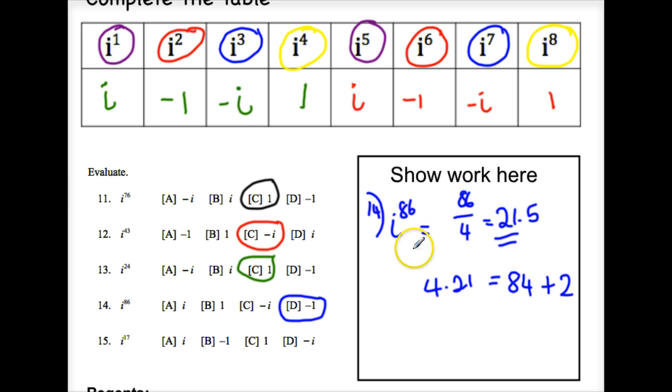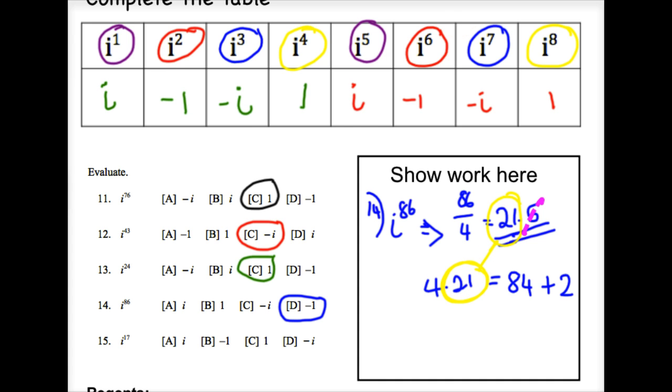Again, I'm going to explain this again. i to the 86th. What you want to do is take this exponent divided by 4. This is what you get on the calculator. You want to take the whole number. Forget about the 5. I don't care about that. I want to take this whole number, which is 21, and bring it down here.